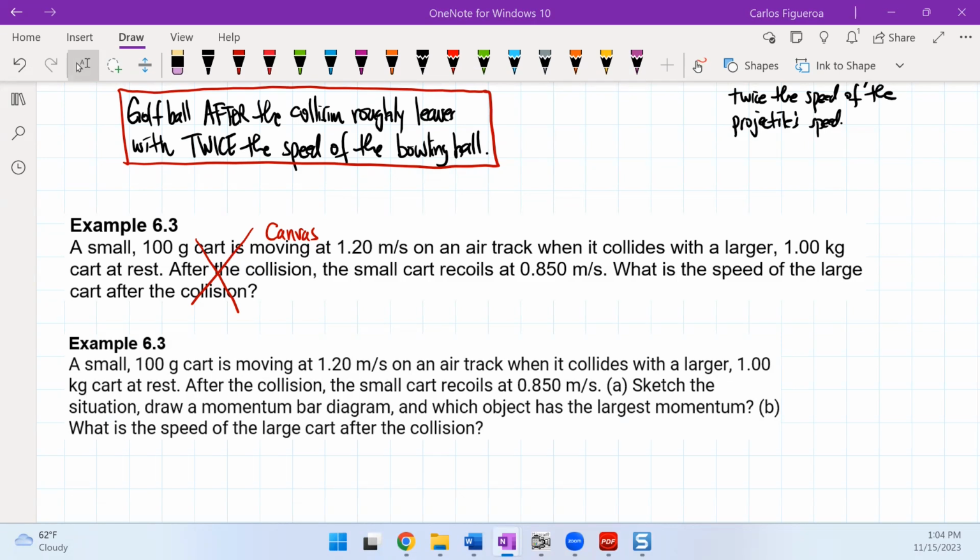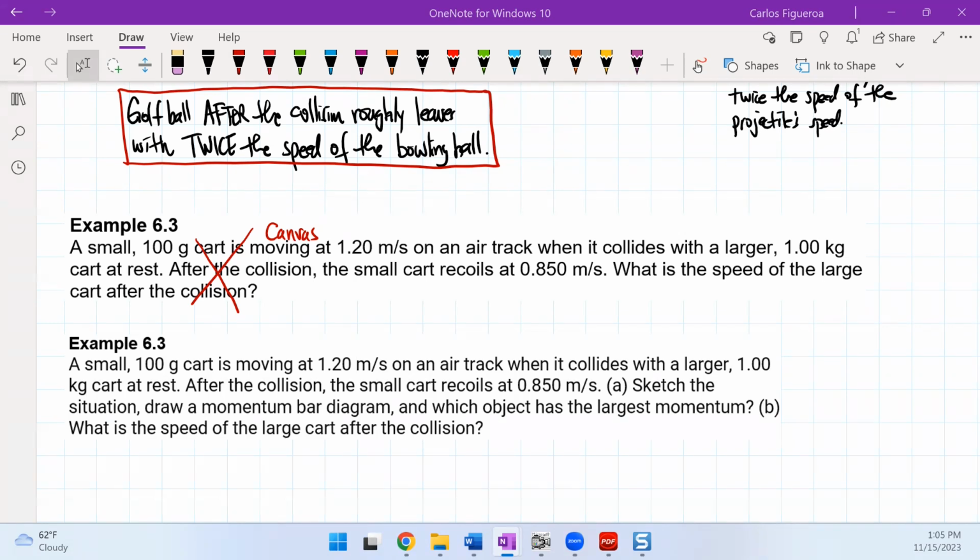So it says example 6.3, a small 100-gram cart is moving at 1.20 meters per second on an air track when it collides with the larger 1.00 kilogram cart at rest. After the collision, the small cart recoils at 0.85 meters per second.